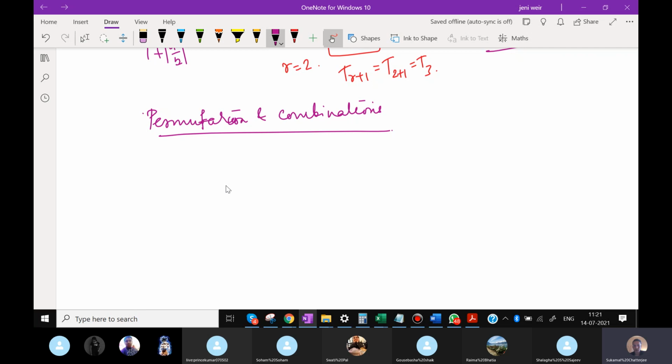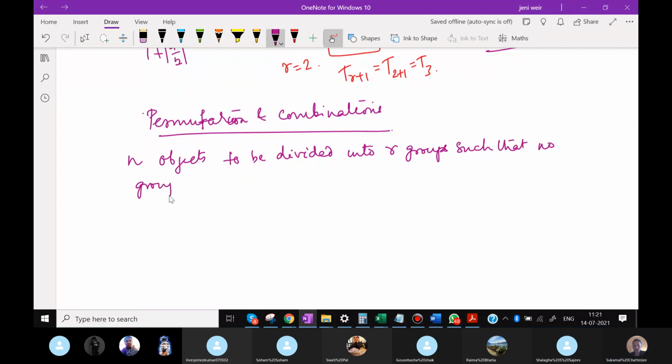Now, let's say I have n objects and I want to divide n objects into R groups such that no group is empty.